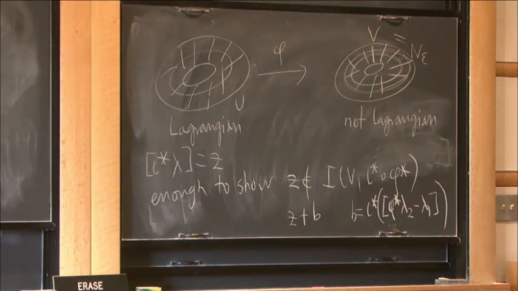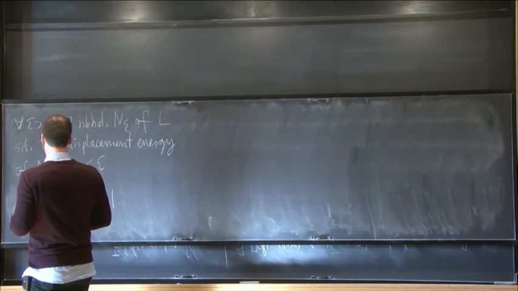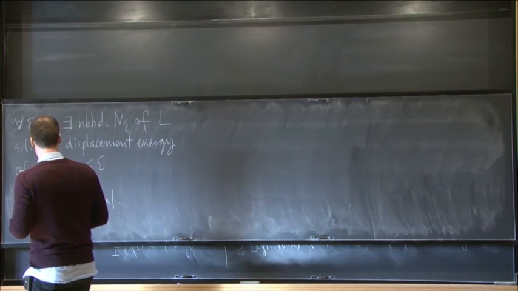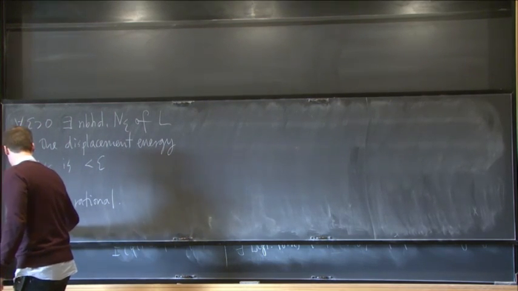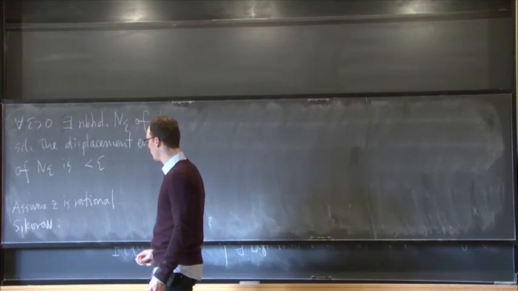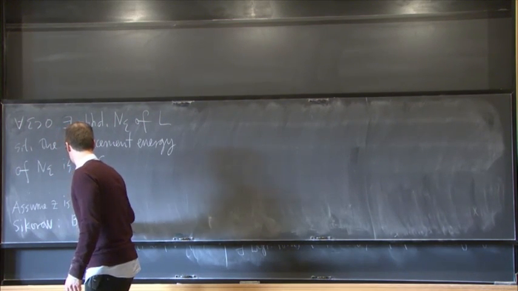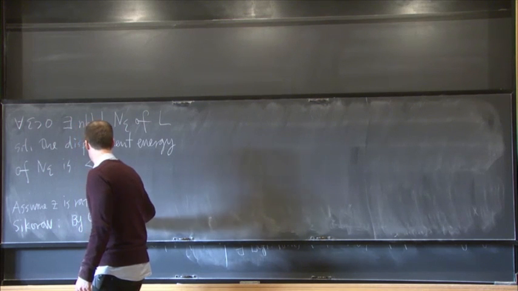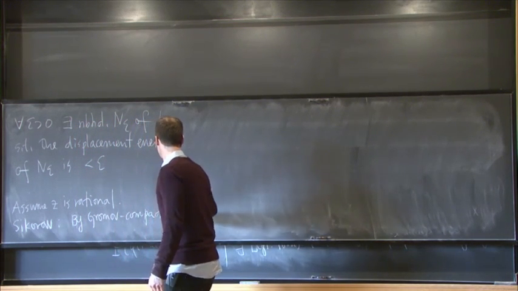All right, I can assume Z is rational, and then I guess I'm going to have to make some choice again. And so I'll just tell you what Sikorav proved by Gromov compactness. I'm going to write that and comment on that a little bit more.